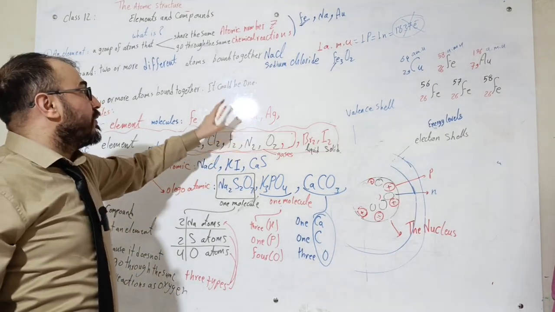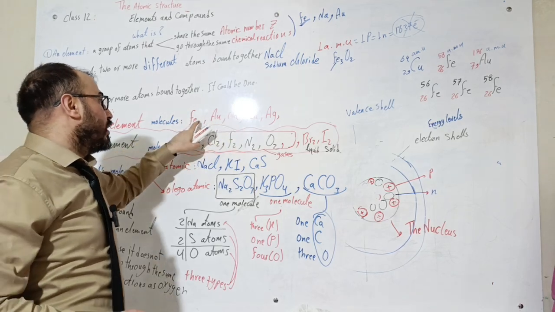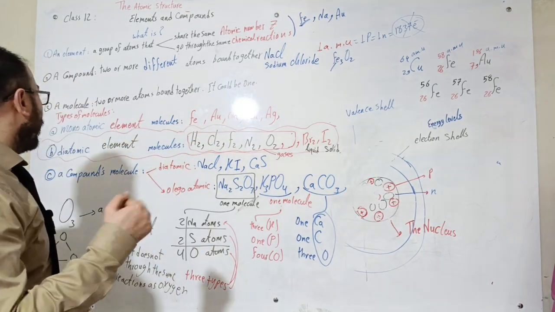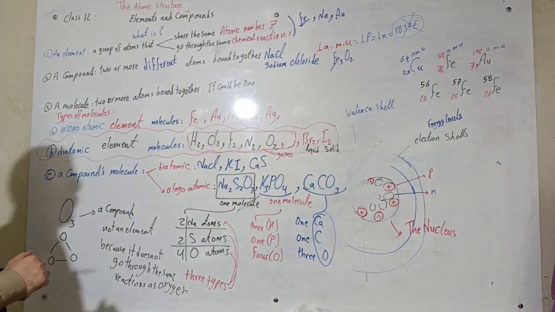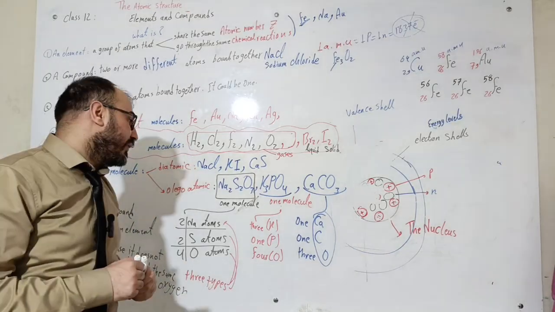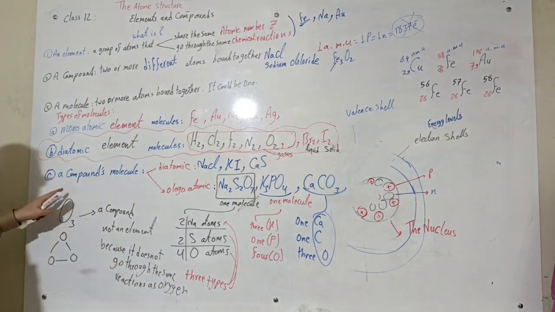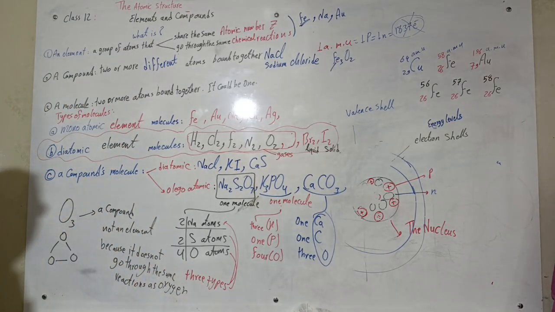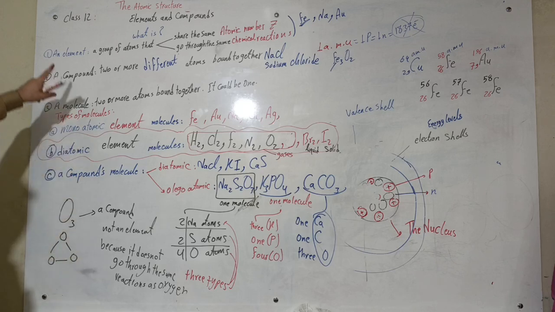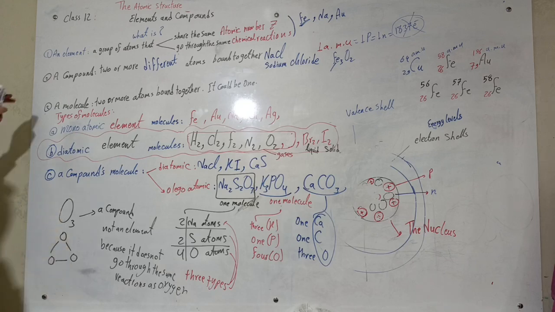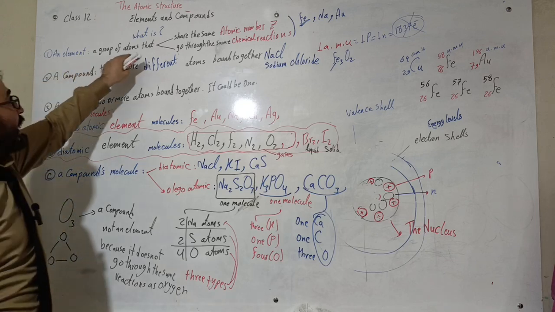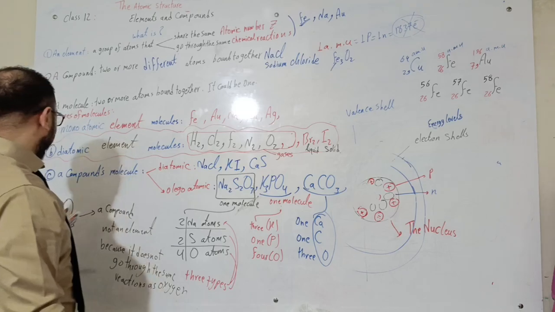All of the other elements should be written as monoatomic element molecules. The second question, my friend, was about ozone. A student asked me, teacher, does ozone also apply to the definition of elements? Ozone is a group of atoms that share the same atomic number.